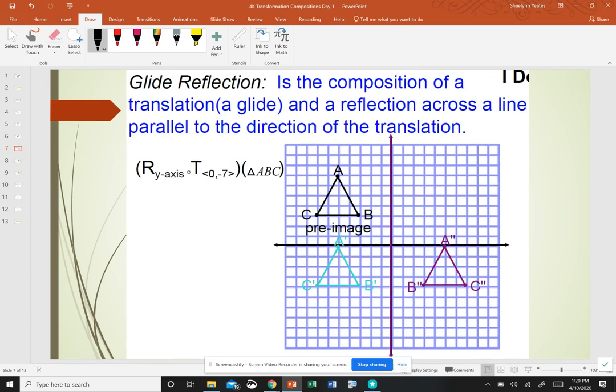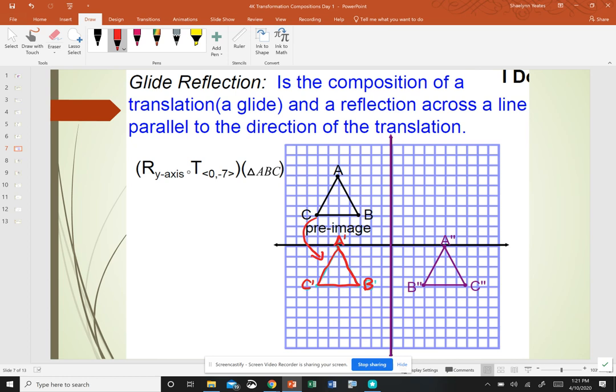A glide reflection is a composition of a translation, or a movement, and a reflection across a line. So we take this and we move it here. So we slid it. And let me make that one a little more clear because it's super hard to see. So A is just here, C is just here, B is just here.